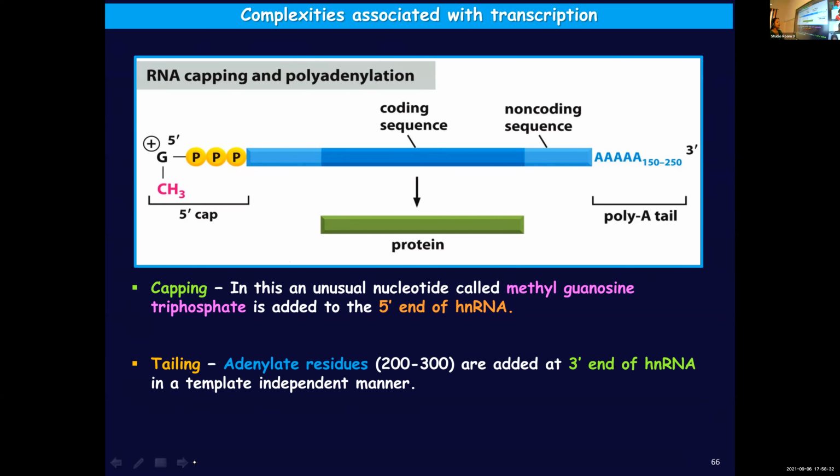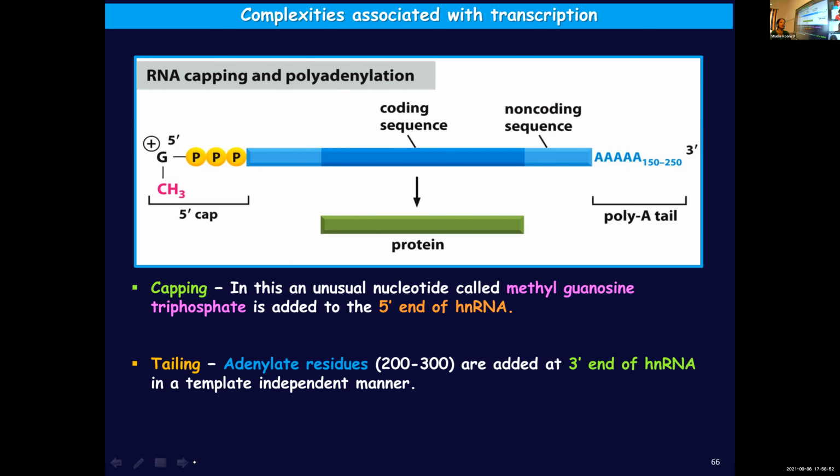Residues of adenylate around 200 to 300 will be added at the 3' end, in a template independent manner, not in any particular order. So in capping, the change is at the 5' end. In tailing, the change is made at the 3' end.